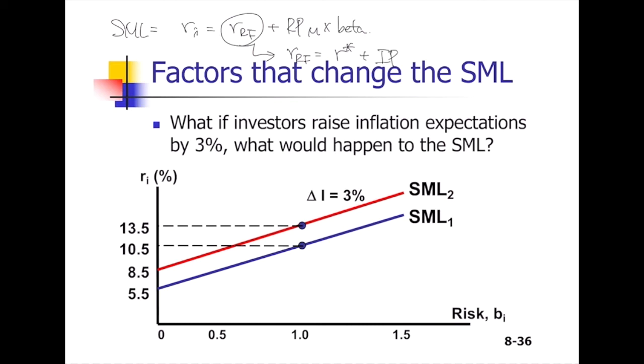So when the inflation increases, this moves up, right? And also this moves up. What happens? In this case, the intercept moves up, right?